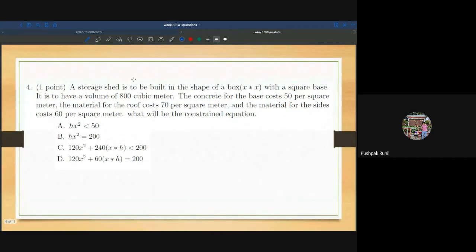Okay, so there is one correction in this particular question. This would be 200.